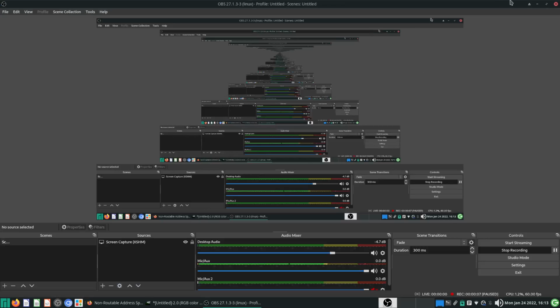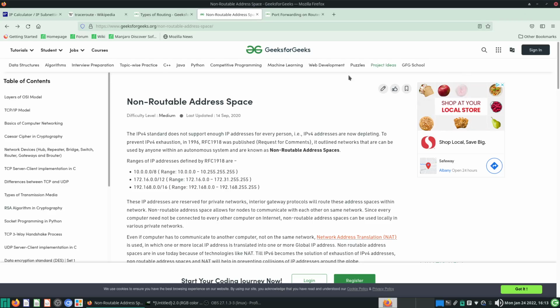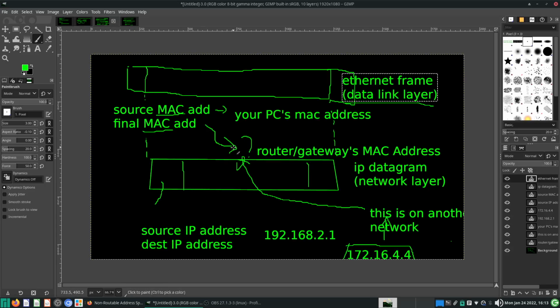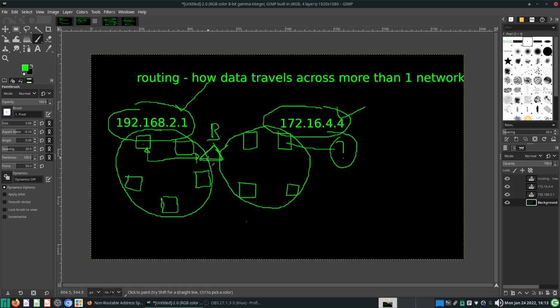Yes, so we went through non-routable address space the last time, and that's where we left off. We also went through a very simple example of two networks connected via a router, and the process of how the Ethernet frame is roughly constructed.